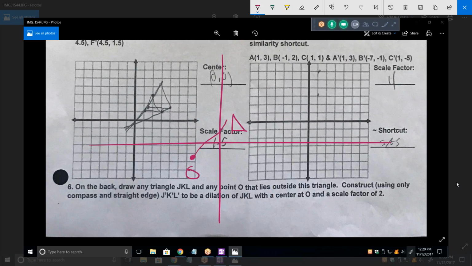Now, if I draw that like that and extend those lines, now my center of dilation, if I'm expanding by a factor of 2, that has to equal that. So my two triangle has to be about there. And in this triangle, every side is twice the distance from this triangle. You get it? Yeah. All right.